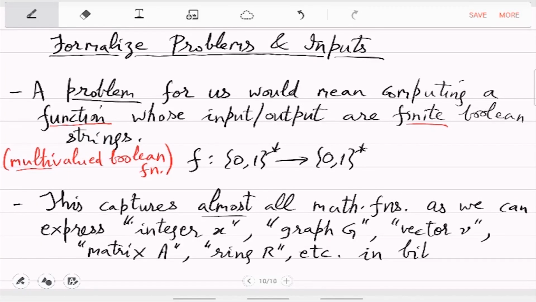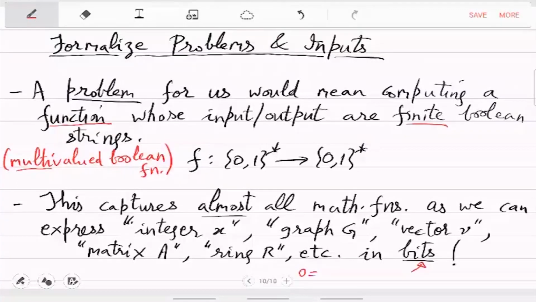Unless there is a continuity issue like complex numbers or transcendental numbers like e, pi or square root 2, which require infinite information. But usually these math objects have finite representations, so you can convert them into bits and give them as input, and your algorithm or your function will give these things as output.